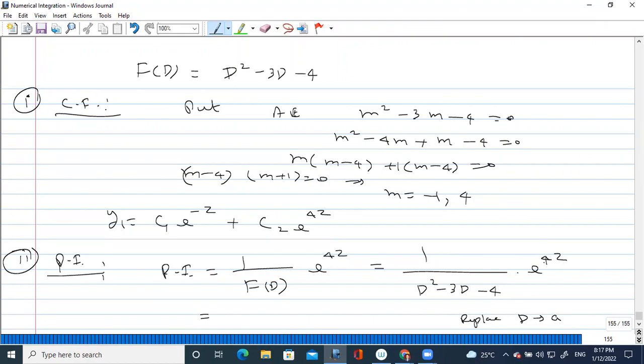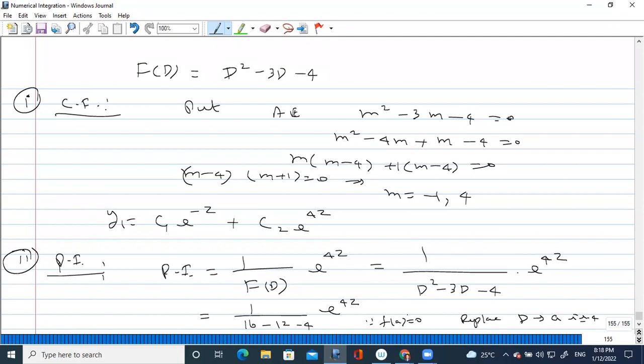So a is 4 here, so it will be 1 by D square, means 4 4 is 16, minus 3 into 4 is 12, and minus 4, e to the power 4z. But it is 0, because f(a) is 0.